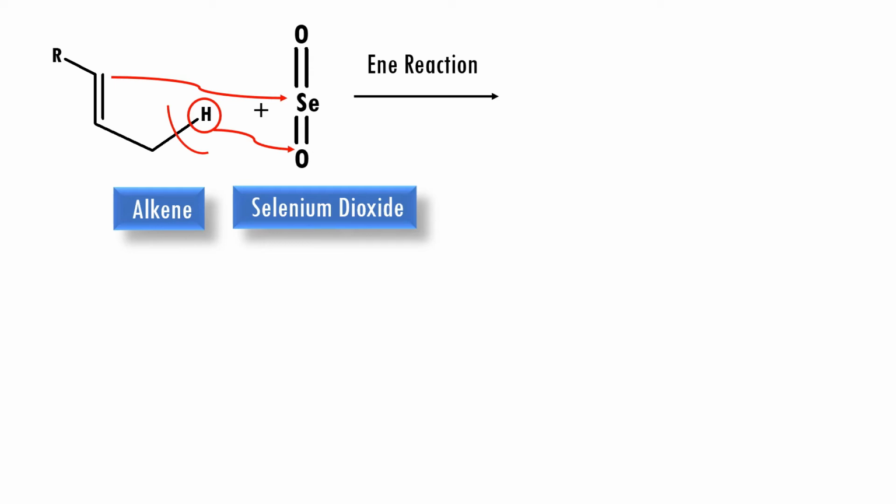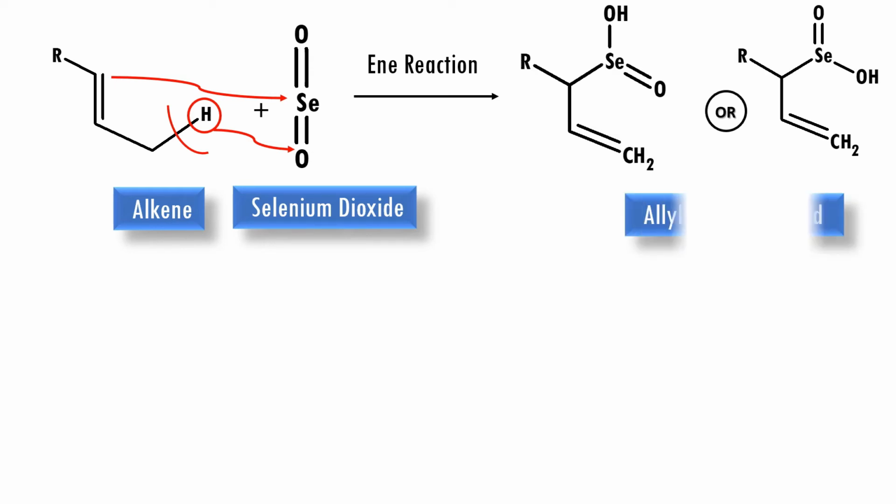and that product is known as allylic selenic acid. The structure of it is just given on your screen. In this allylic selenic acid, the pi bond of the alkene is shifted to the neighboring carbon. Due to this, the CH2 carbon becomes positively charged, and the bond between carbon and selenium is also broken.